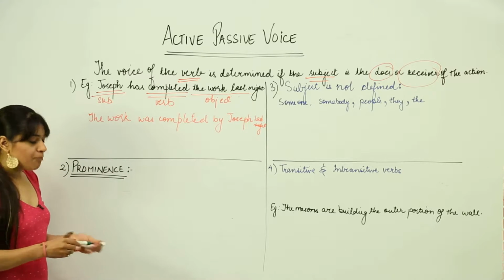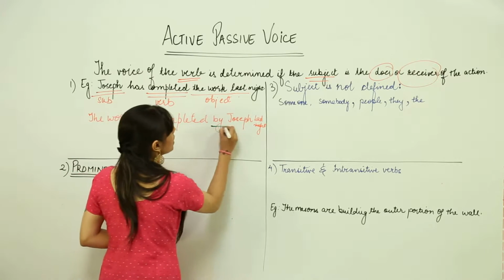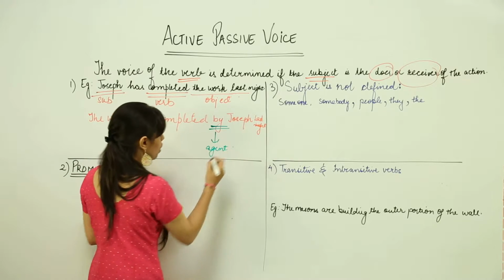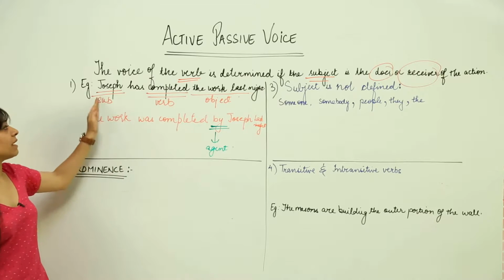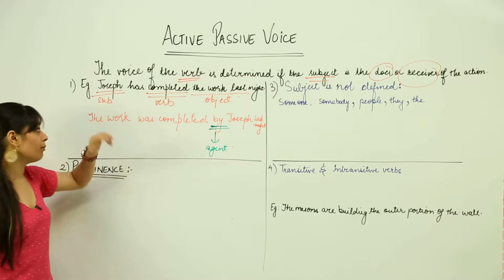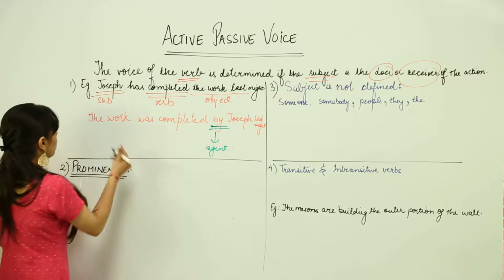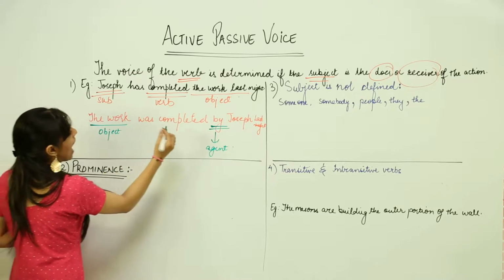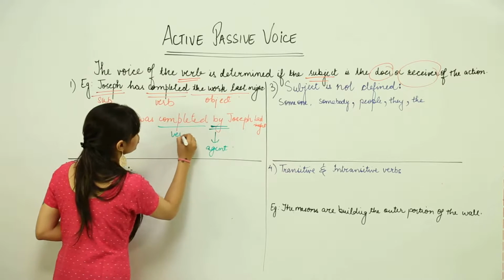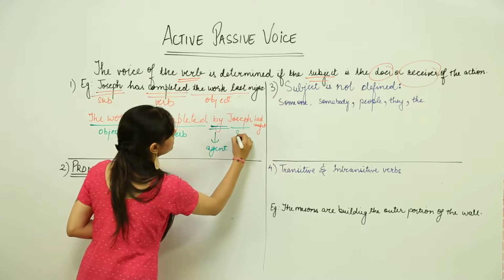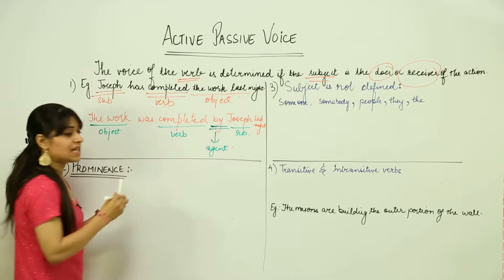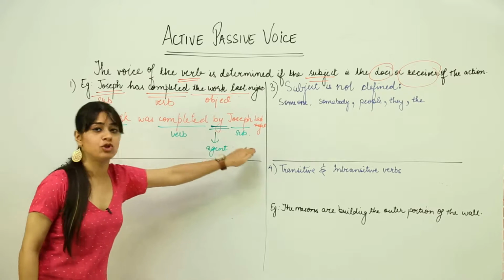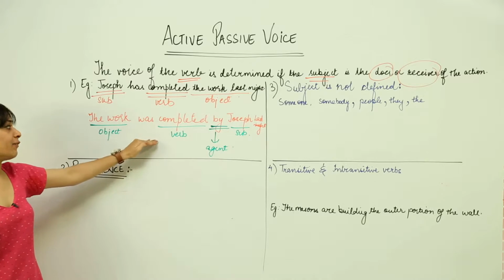And in passive voice, we use a specific word, by, as the agent to show the connection between the subject, object and the verb. So now the interchange of positions has led to change of voice. That means here the object is more prominent than the subject, so this becomes a passive voice.